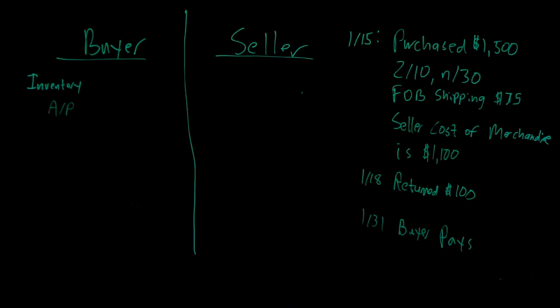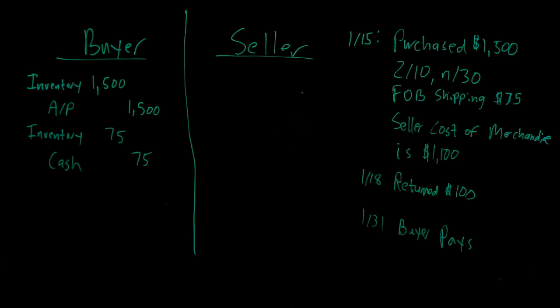This is going to be for $1,500. In addition, we say FOB shipping point, $75 worth of shipping. So we're also going to capitalize the shipping costs. Our inventory, we're going to increase the value by $75. And we use cash to pay FedEx or UPS or whoever happened to be the courier of choice.